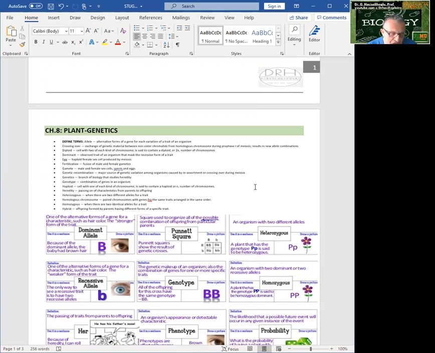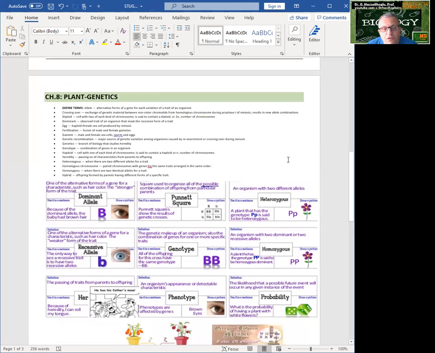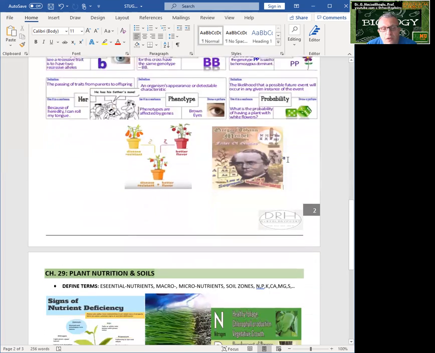We have the parental generation, the parental gametes, and then the F1 genotypes. Again, this is the complete genetics of plants, so make sure you review everything in chapter 8, including all this vocabulary.